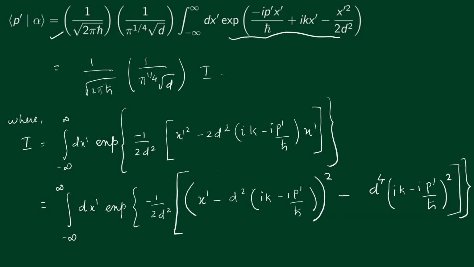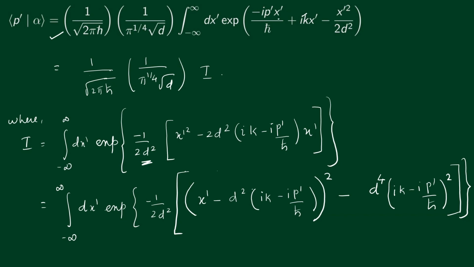I take minus 1 by 2d square outside, and this becomes x prime square. Now since I'm taking minus 1 by 2d square, I have to multiply it by minus 2d square to this term and to this term. That's why we have got minus 2d square. And these terms together can be written as ik minus ip prime by h bar multiplied by x prime. So I haven't done anything much.